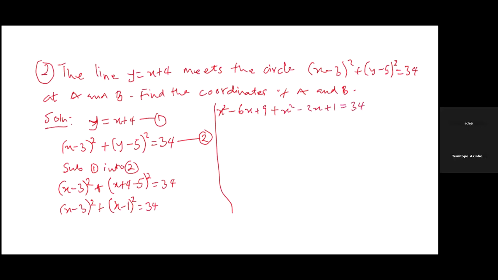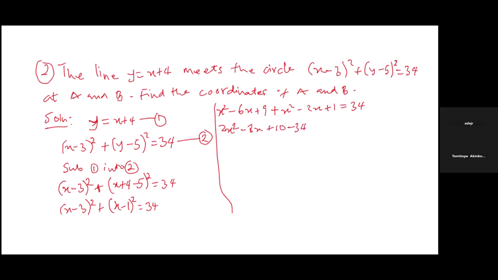Bringing everything to the left-hand side by collecting like terms. So x squared plus x squared, that's 2x squared. Minus 6 minus 2, that's minus 8x. 9 plus 1, that's 10. Then bring this 34 to the left-hand side. So minus 34 equals 0.